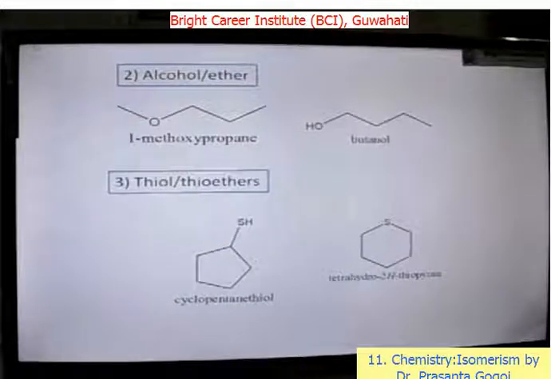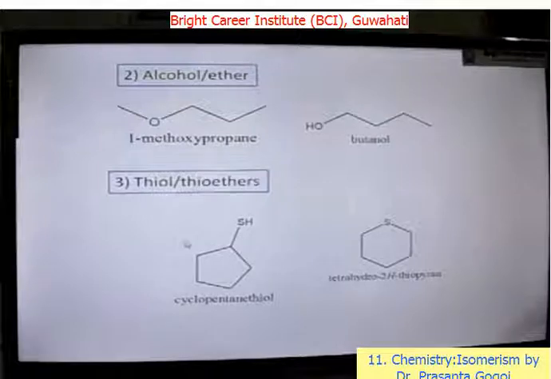In alcohol and ether, you can see that these two are also examples of functional group isomers. One has the ether and the other has the alcohol. And thiol and thioethers. The thiol and thioethers are similar to alcohol and ether, but instead of oxygen we use sulfur, and both have the same molecular formula.